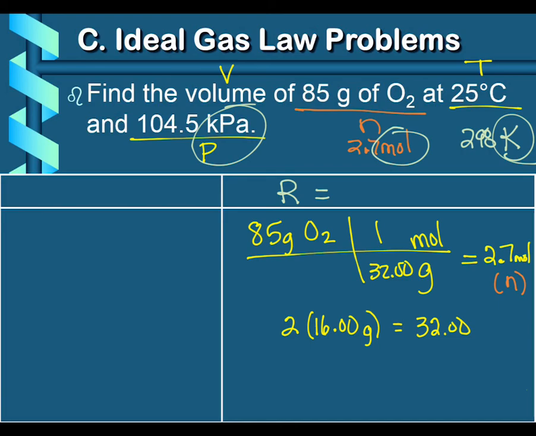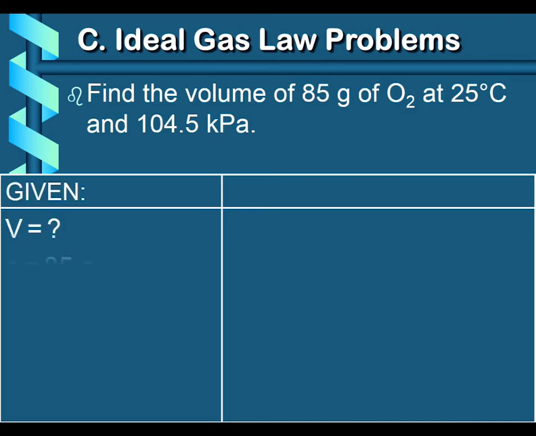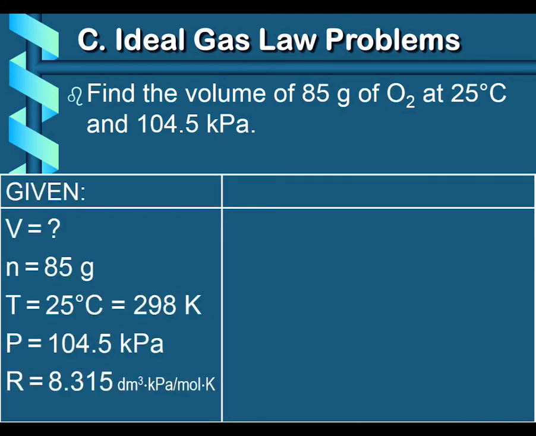Well, my only R value that has mole Kelvin and kilopascals is that one that was 8.315, and that was decimeter cubed kPa over mole Kelvin. So it looks like my volume unit is going to be in decimeters cubed, which we said is also equal to liters. So there's our information given.